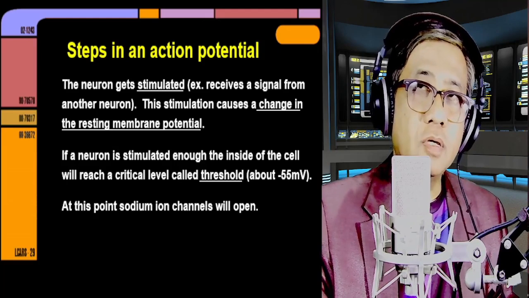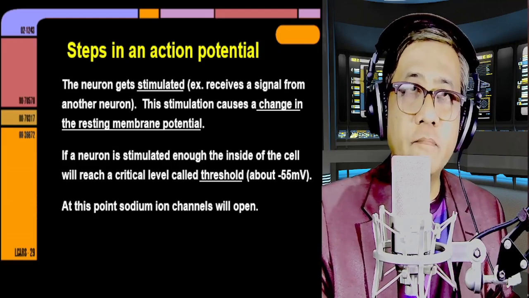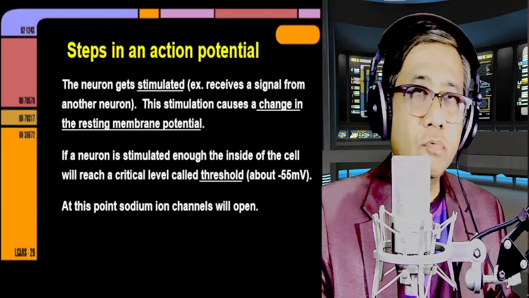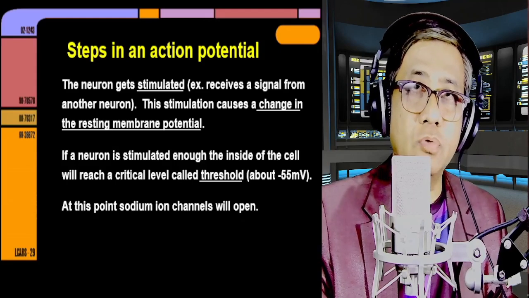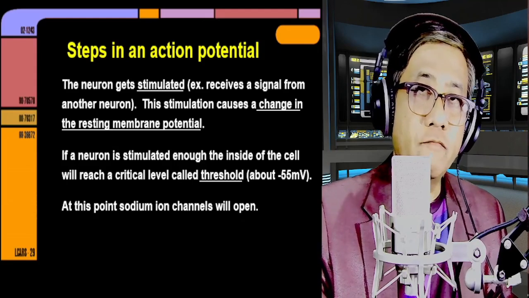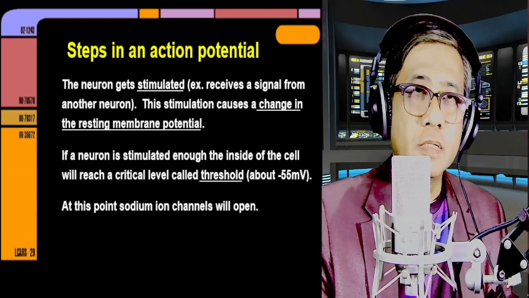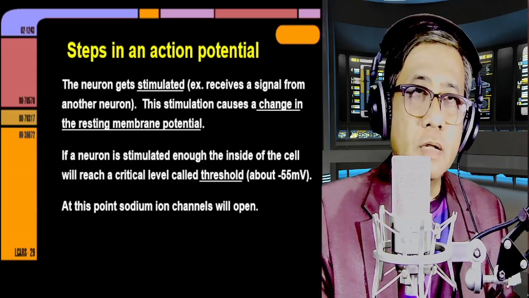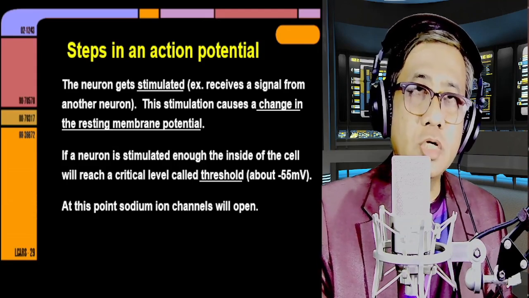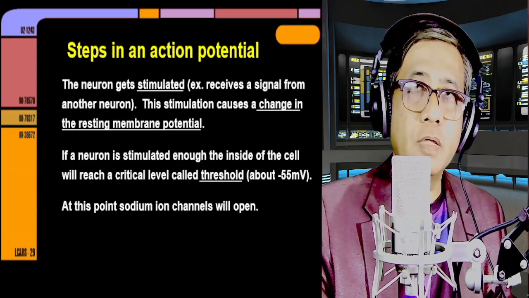If a neuron is stimulated enough, the inside of the cell will reach a critical level called a threshold, about negative 55 millivolts. And at this point, upon reaching the threshold, the sodium ion channels will open.